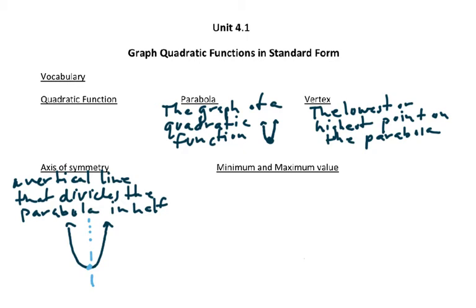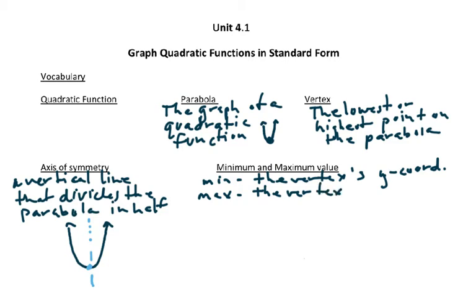All right, our last term that we want to take a look at is min and max. So for the min, the minimum value, that is the vertex's y-coordinate, which I'll show you in just a second. And the max is the vertex's y-coordinate also.